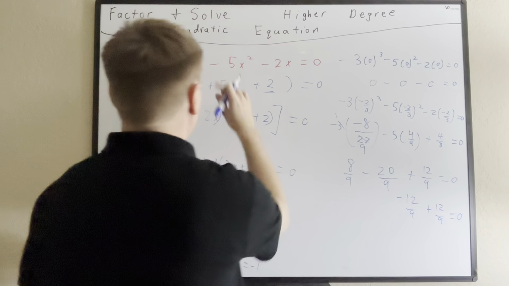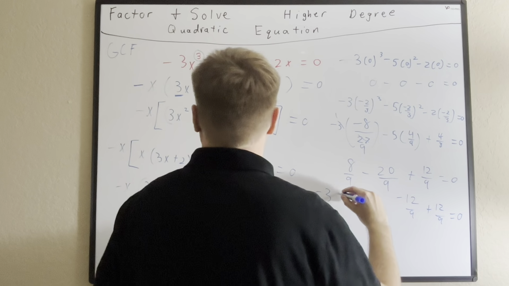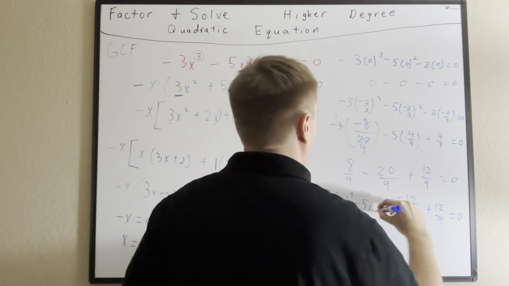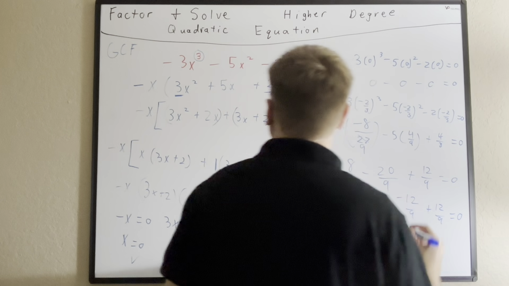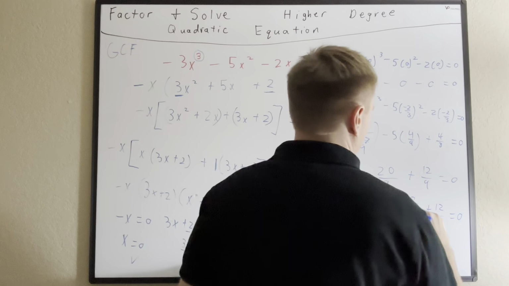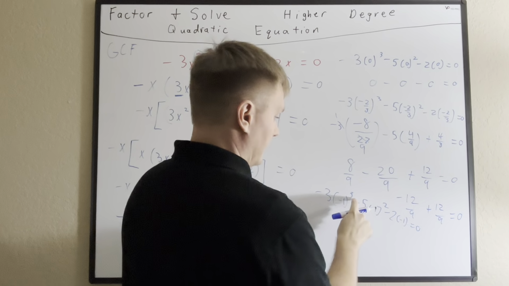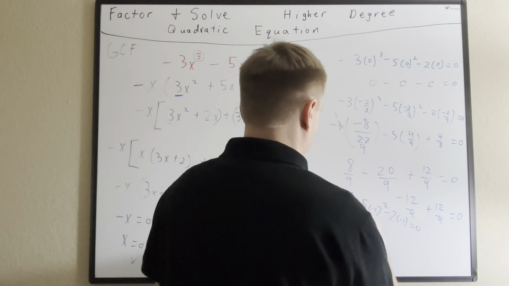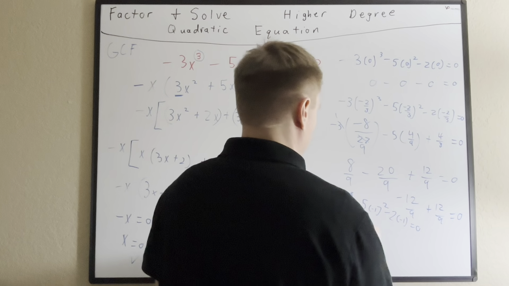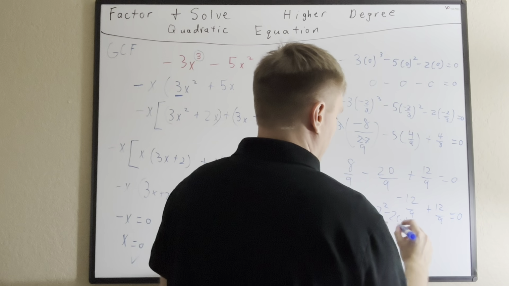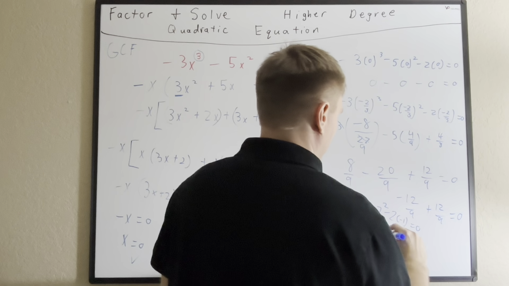Let's try negative 1. Negative 3 times negative 1 cubed minus 5 times negative 1 squared minus 2 times negative 1 equals 0. Negative 1 cubed is negative 1 times negative 3. Negative 1 squared is positive 1. Negative 2 times negative 1 is positive 2.